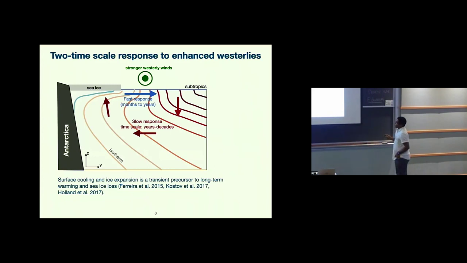And so what you'd expect is while you have this expansion in area, you have this slow accumulation and upwelling of warm water, which would slow sea ice growth. And eventually, over time, this slow response would overwhelm the expansion and lead to net sea ice loss in the long term. At least that's one possibility.